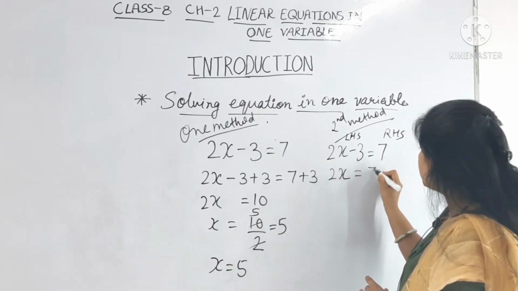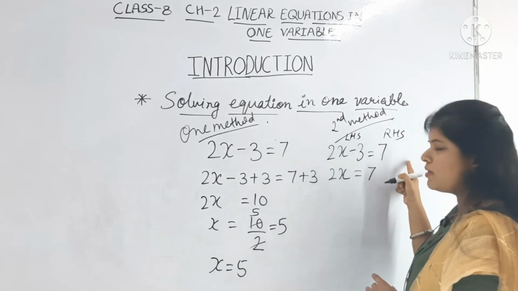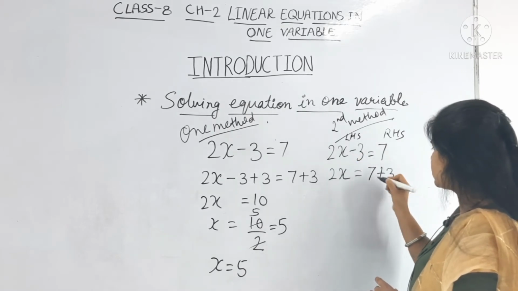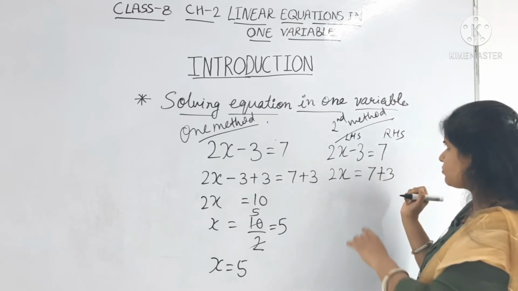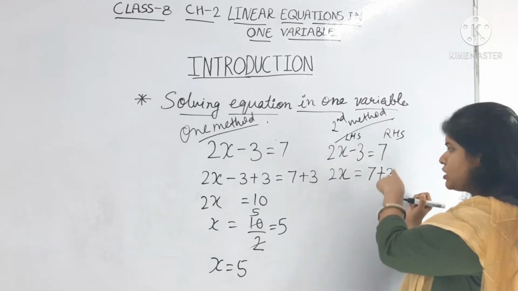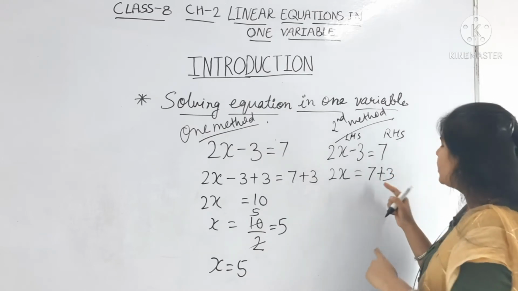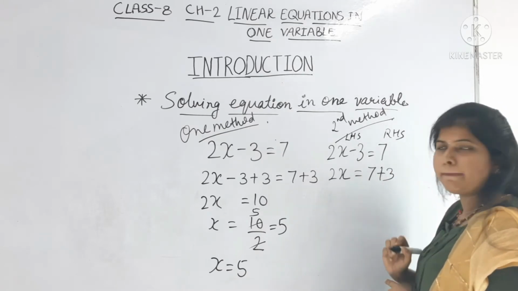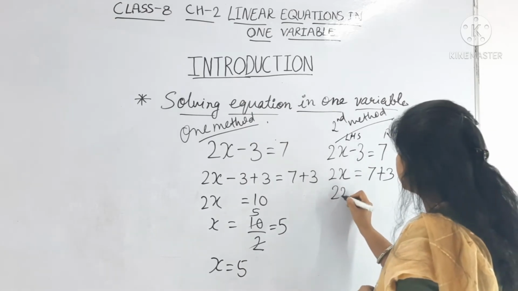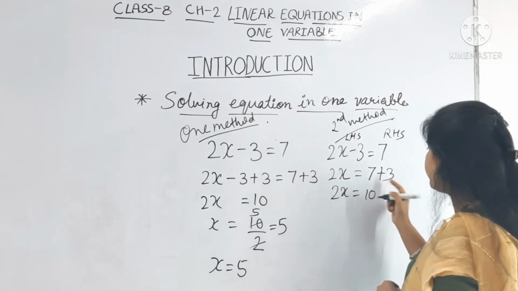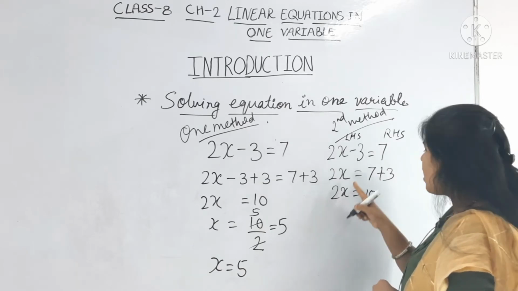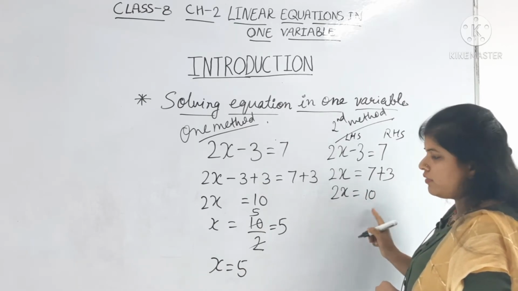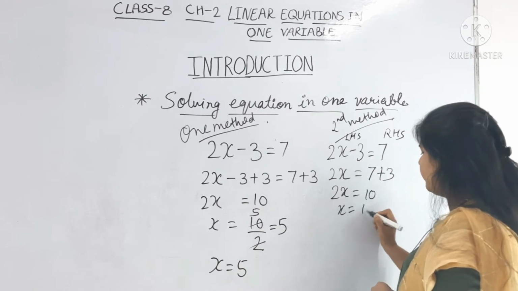So 2x equal to 7 plus 3, because when it is transposed to the right hand side, it changes to a plus sign. So 2x equal to 10. Now it is multiplied with x, so after transposing, it will divide.